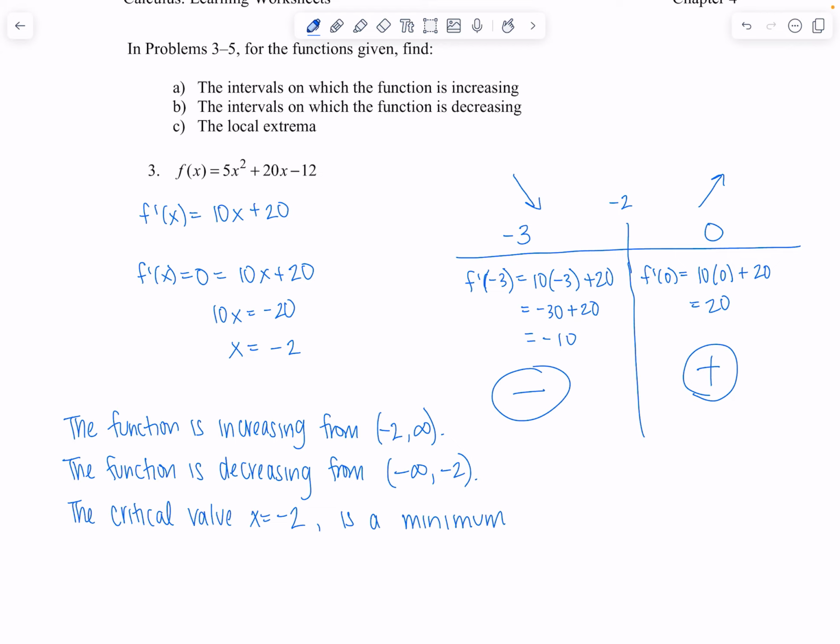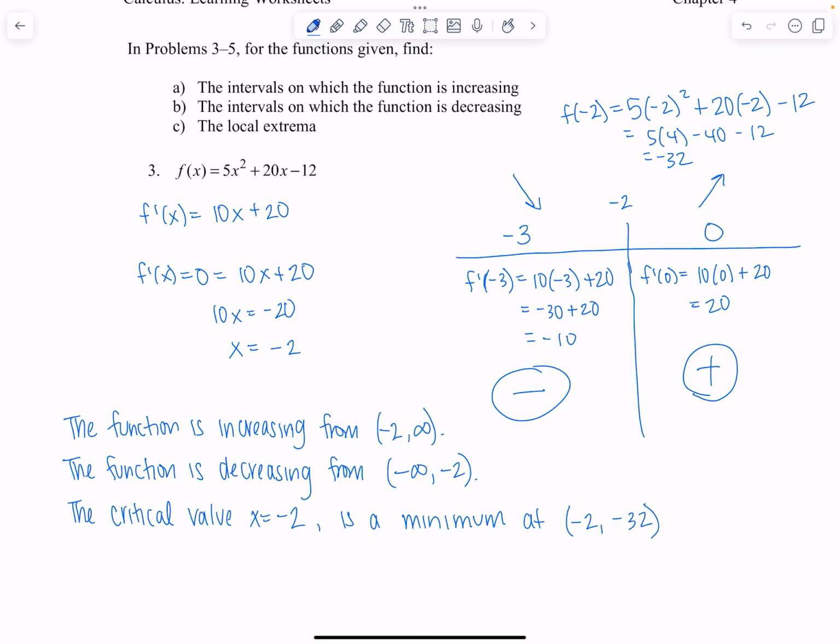So if we take f of -2, 5 times -2 squared plus 20 times -2 minus 12, 5 times 4 minus 40 minus 12. So we'll have -32 at -2, -32.